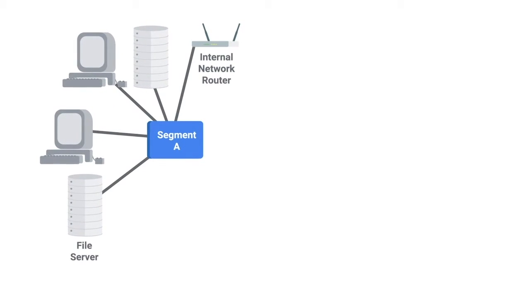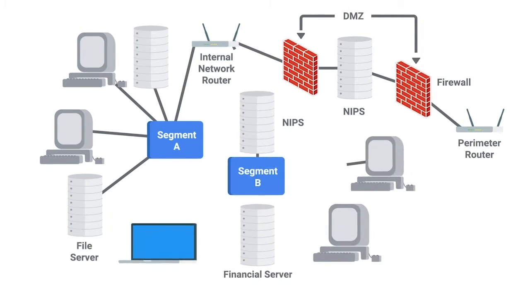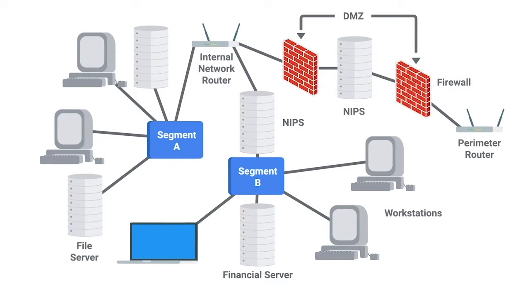Signatures are unique characteristics of known malicious traffic. They might be specific sequences of packets or packets with certain values encoded in a specific header field. This allows intrusion detection and prevention systems to easily and quickly recognize known bad traffic from sources like botnets, worms, and other common attack vectors on the internet.